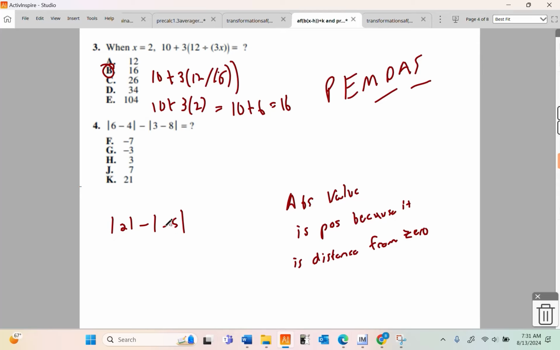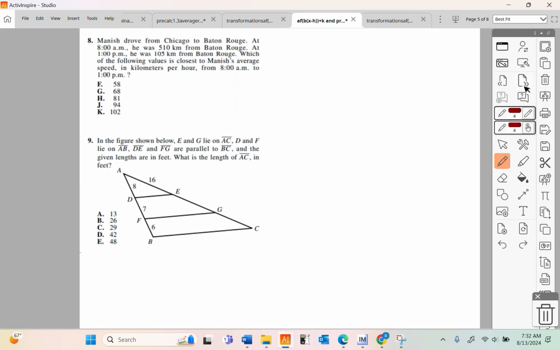We do the operation, but it's going to be that sign. Now the absolute value is 2, and the absolute value of -5 is 5, and 2 minus 5 is -3. Choice H is there because some kids get so focused on absolute value making things positive that they change the final answer. It's actually a good distractor. Kids' anxiety goes up, they don't know how to test, and they do silly things.